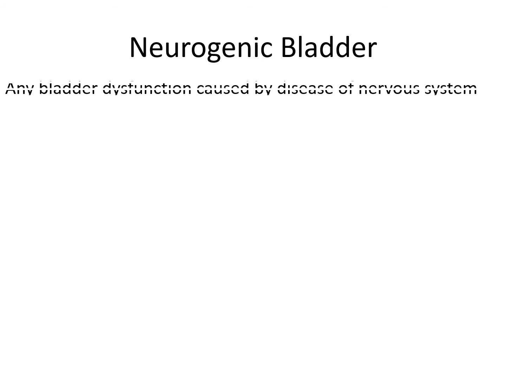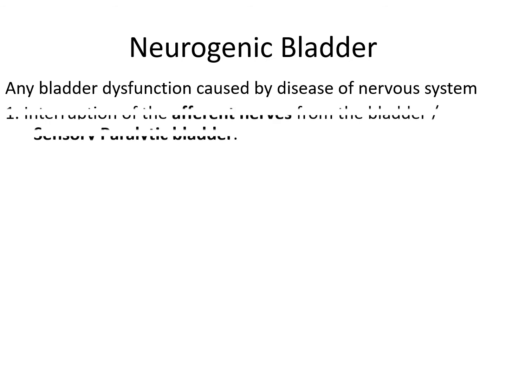Next is the abnormal bladder function, which is also called neurogenic bladder. So any bladder dysfunction caused by disease of the nervous system which regulates the bladder function is called neurogenic bladder. Neurogenic bladder we can divide into 5 different types.